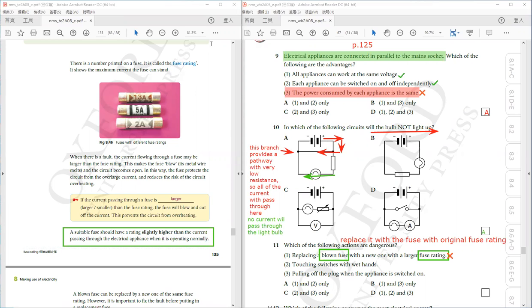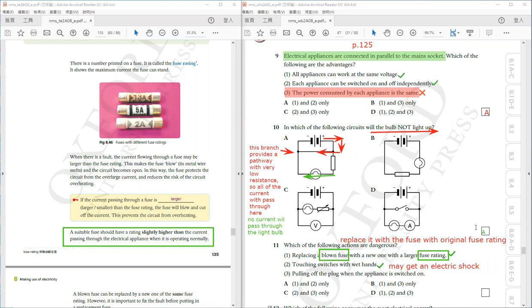So for touching the, so this one is correct. This is dangerous. Statement 1 is dangerous. Statement 2 is also correct as dangerous because you may get an electric shock.